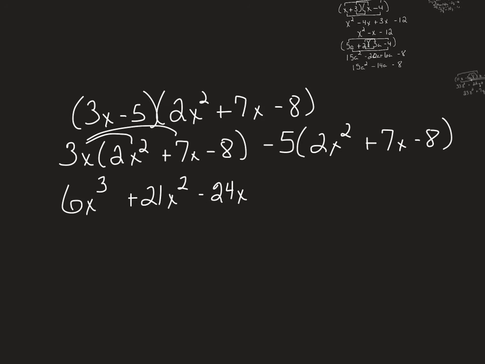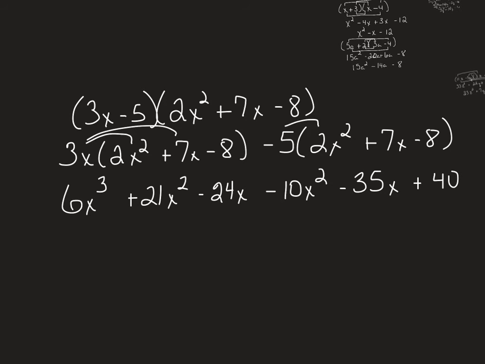And notice I have to multiply this by a negative 5. So negative 5 times 2x squared is a negative 10x squared. Negative 5 times 7x is a negative 35x. And negative 5 times negative 8 is a positive 40.